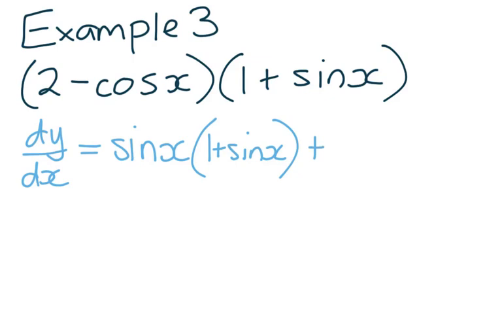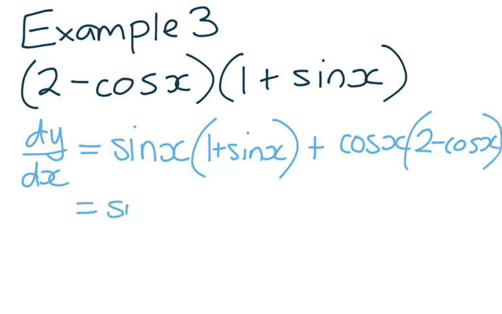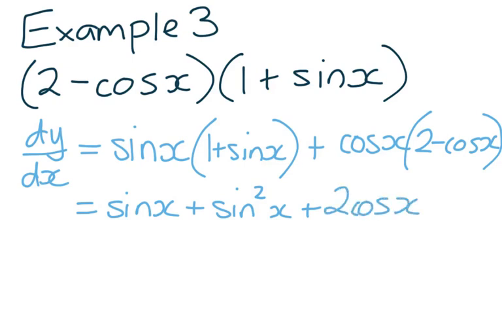Add the derivative of the second, so we're just looking at the derivative of sine of x because the 1 will disappear, which is cosine of x, multiplied by the first. And then we can expand. So we'd have sine x plus sine squared x plus 2 cos x take cos squared x. Okay, and that's simply just from expanding our normal brackets.